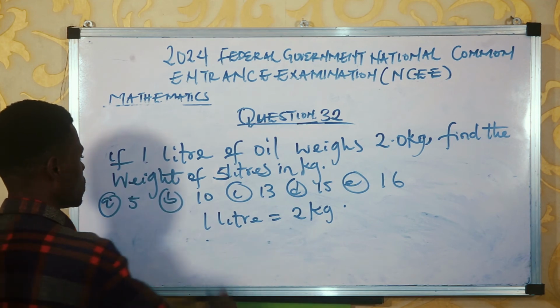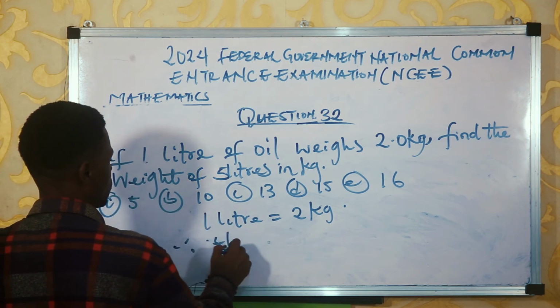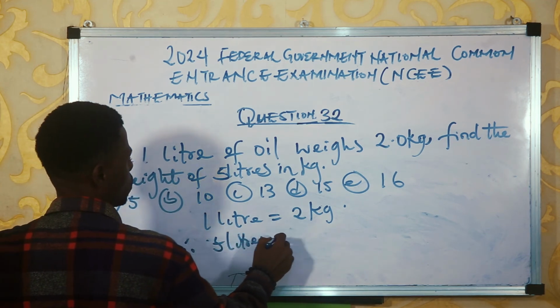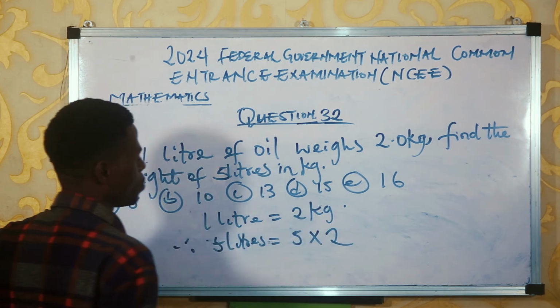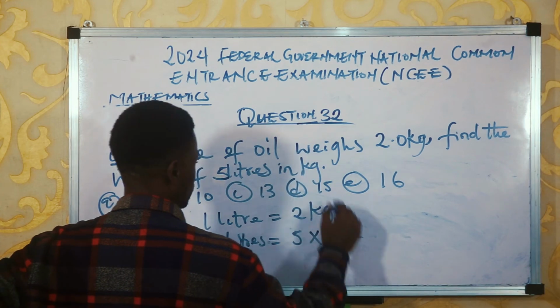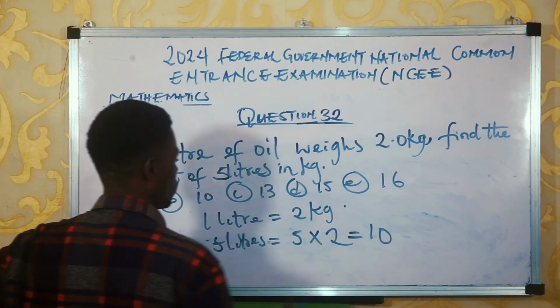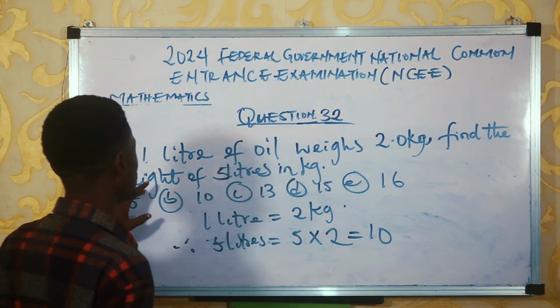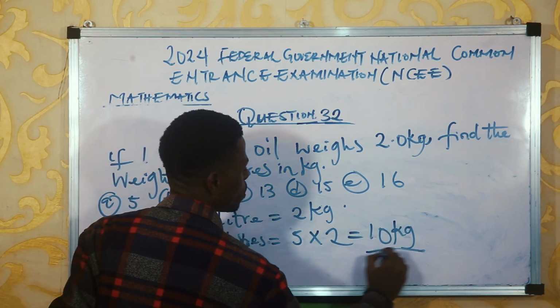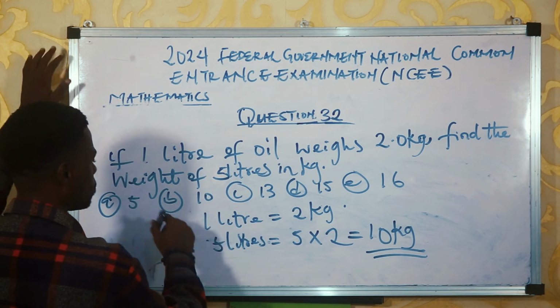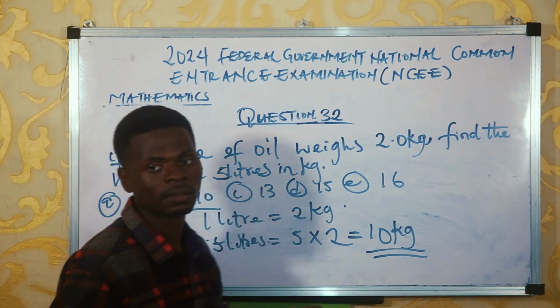So definitely, 5 liters will be 5 times 2, which is 10. So the weight of 5 liters is 10 kilogram. So our answer here is option B, which is 10 kilogram. Thank you.